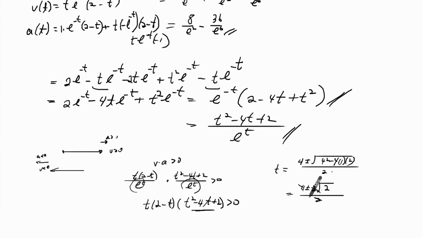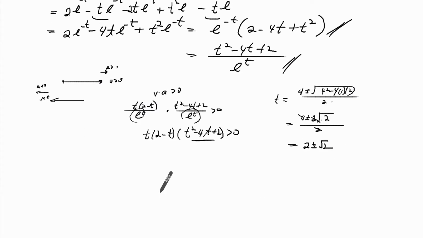Over 2, you reduce and we get 2 plus or minus root 2. Okay, so the roots are 0 from here, 2, and then 2 minus root 2 and 2 plus root 2. So 2 minus root 2 is smaller than 2, and then 2, and 2 plus root 2. So let's arrange them in that order.